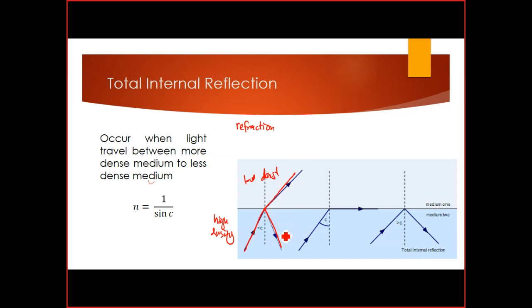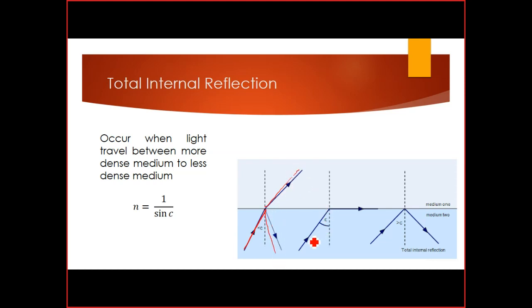So total internal reflection will happen when the light passes through this medium at the critical angle. Maybe I can erase something. If the angle is less than the critical angle, the light can be refracted and it can also be reflected, both.